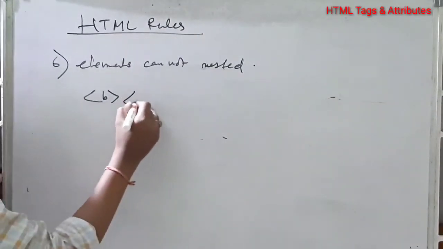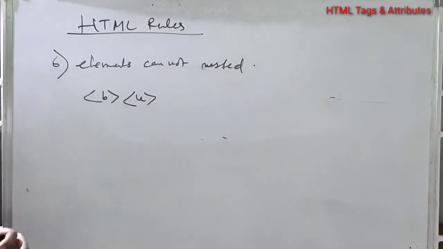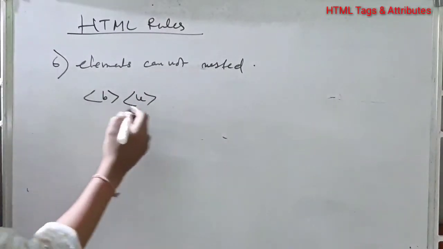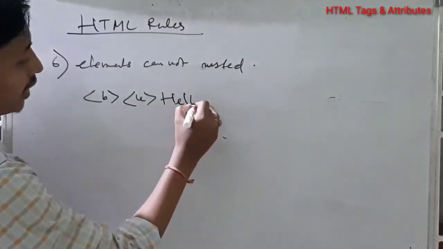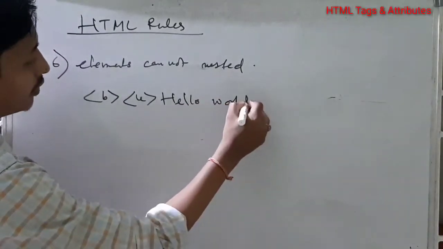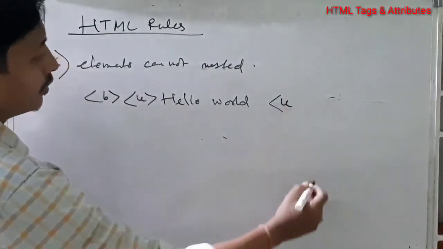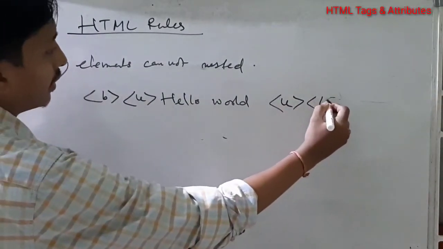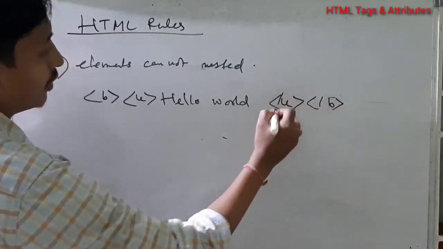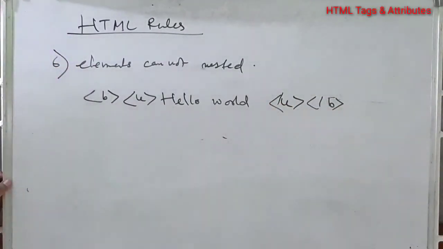You write B, and you can also underline the text, so you write U. After that, you write hello world. After that, you have to close the U first, and after that the bold.